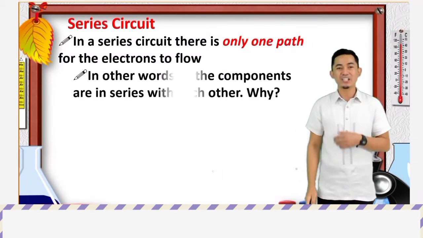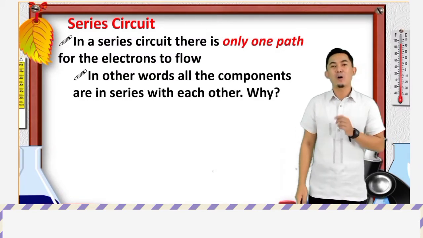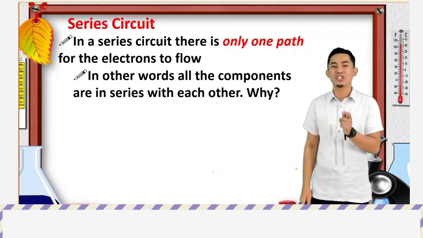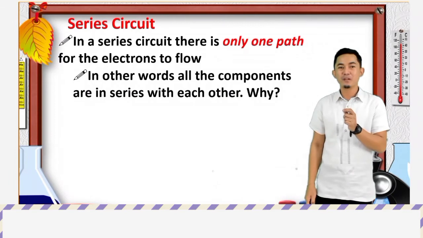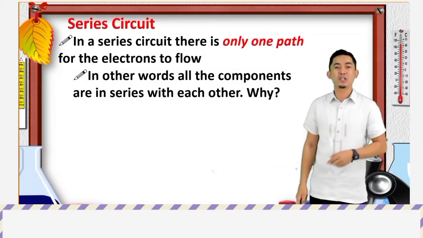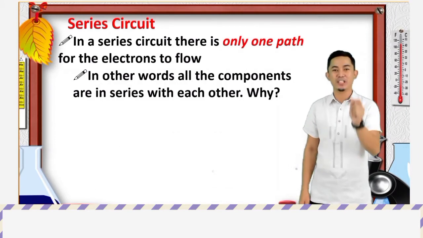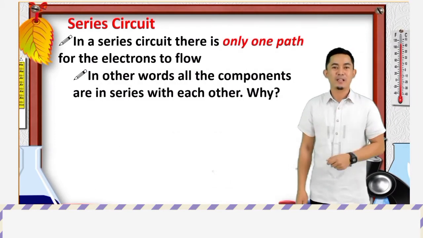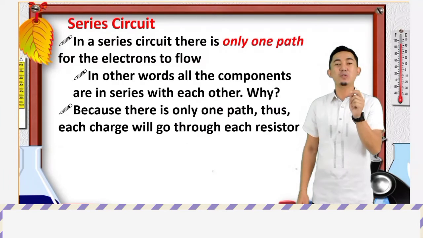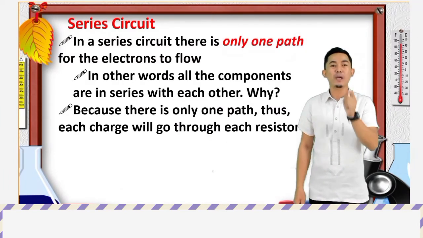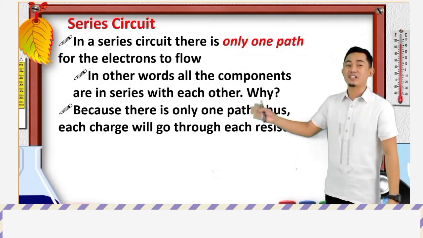Okay? And another thing, in other words, all the components are in series with each other. I repeat, in other words, all the components are in series with each other. Why? Because there is only one path, thus each charge will go through each resistor.